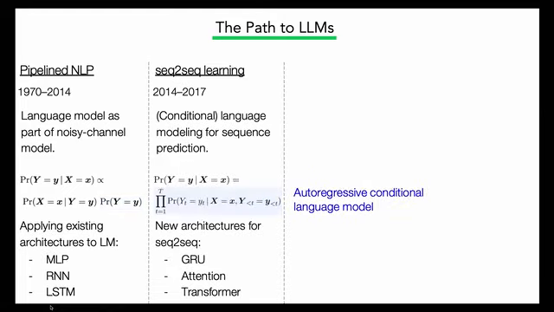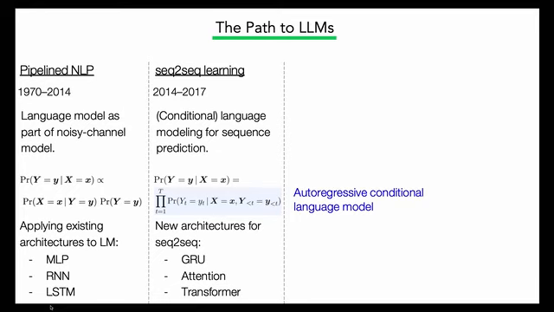And what really shifted around 2014 was that people started to realize that you could just take these language models and get them to perform the task of interest on their own. So rather than saying, I'm going to train a machine translation system, I'm going to train something that's good at recognizing English sentences, and then I'm just going to combine them together, people said, well, what if we just pose machine translation, the problem of taking a French sentence as input, say, and translating it into an English sentence as output?